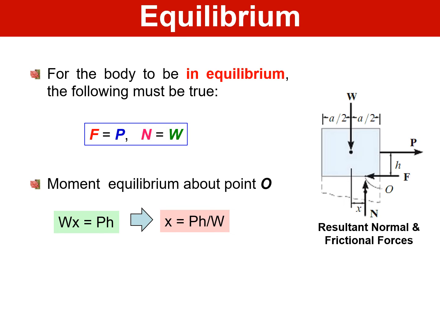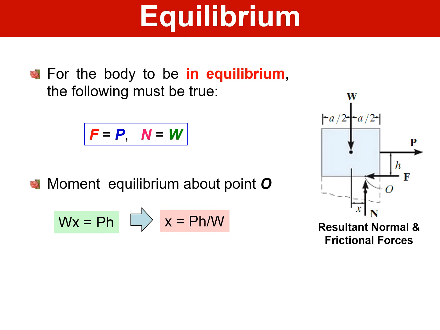So in equilibrium, when the body is not moving, the friction force equals the applied force P, while the normal force equals the weight of the box.